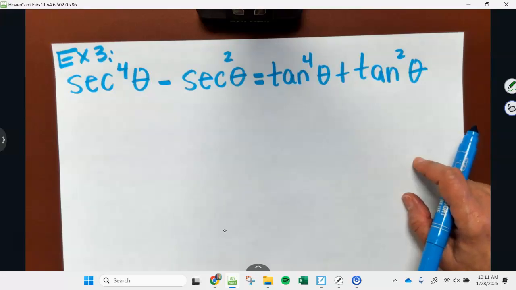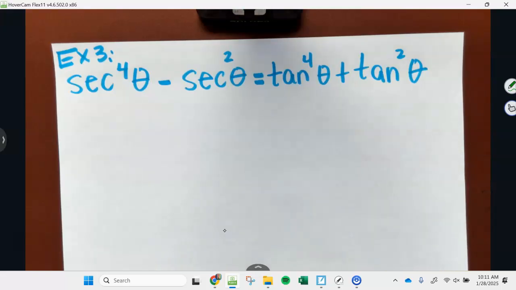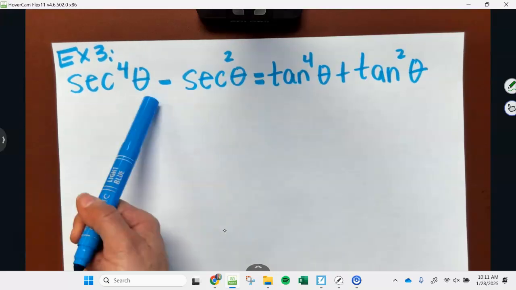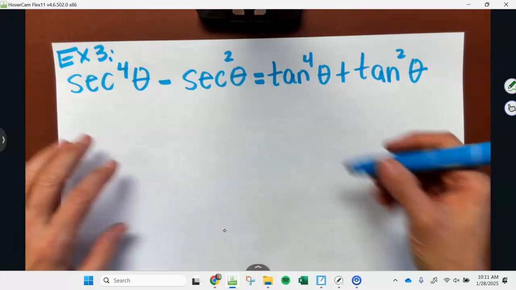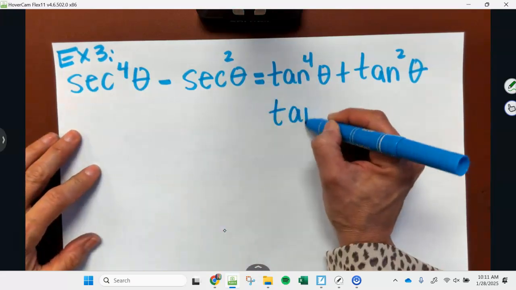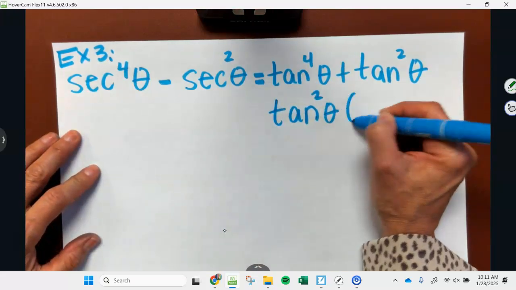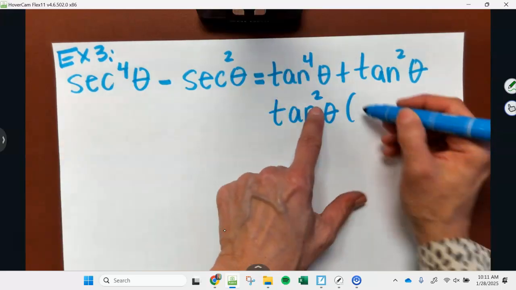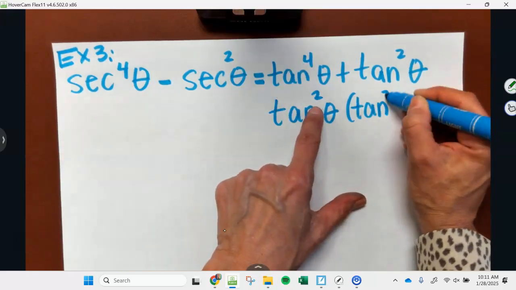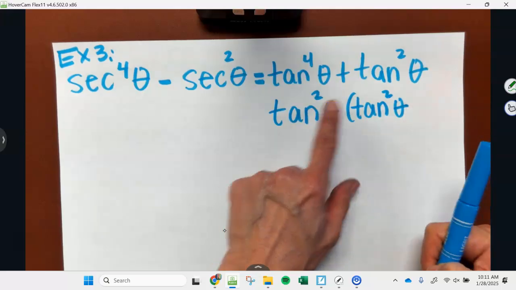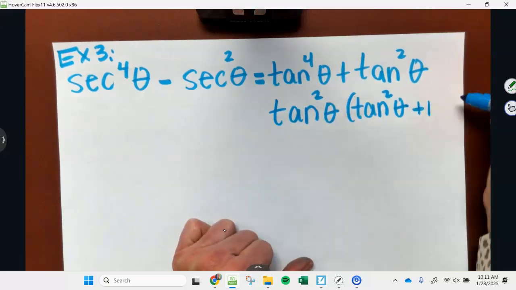Let's factor it out. Now remember, I can't divide, because if I did divide, I'd have to divide the whole thing, and we're not messing with the other side. So let's just factor out tangent squared. That was 4. I took 2 of them out. That leaves 2. I took all of that out, so that's going to be plus 1.